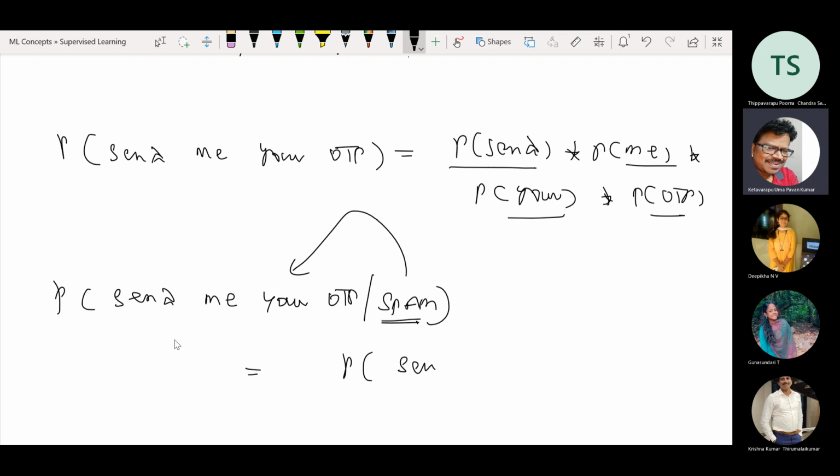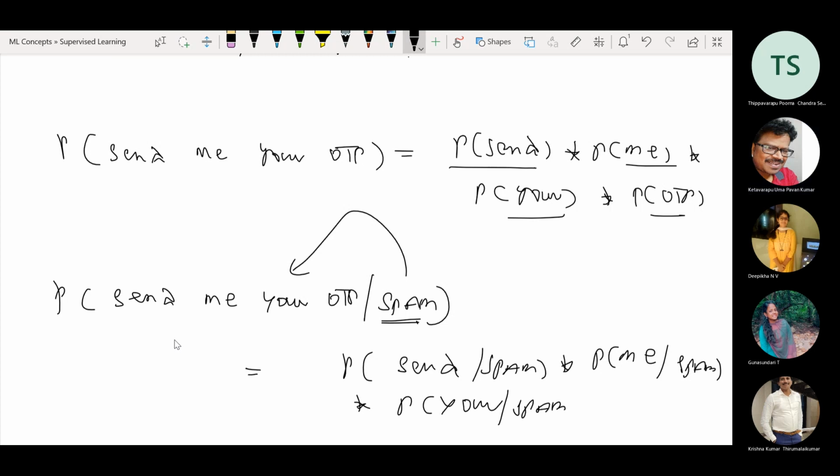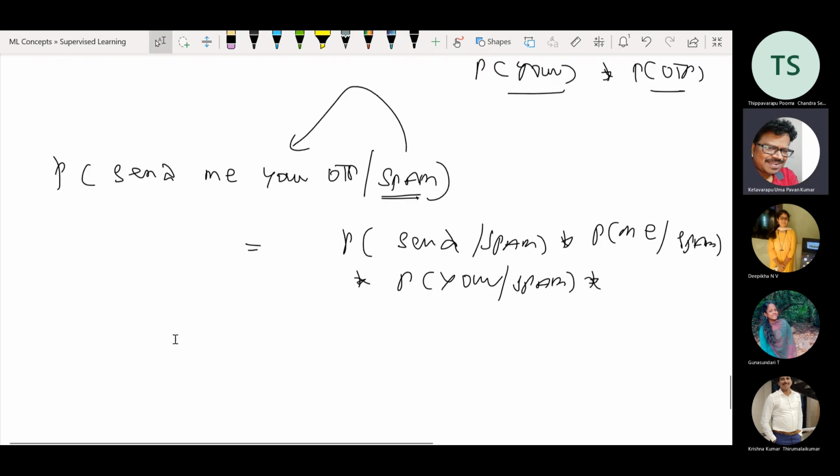Probability of send, already I know the spam orientation, into a substitution: probability of me given spam, into probability of your given spam, and then probability of OTP again in terms of spam. Don't worry about these things, friends. With the substitution, you can observe what exactly we are doing.